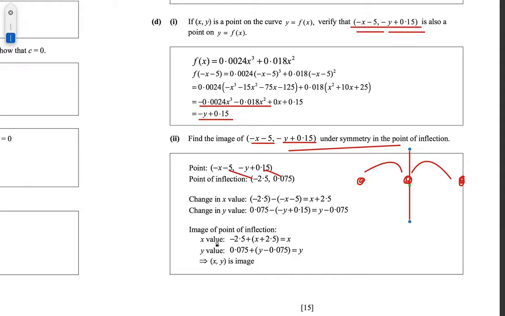So you just add those amounts on again to the point of inflection. Minus 2.5 plus this, and 0.075 plus this. You'll get xy, which adds up, because we've showed they're both on the curves, so xy could be the image.